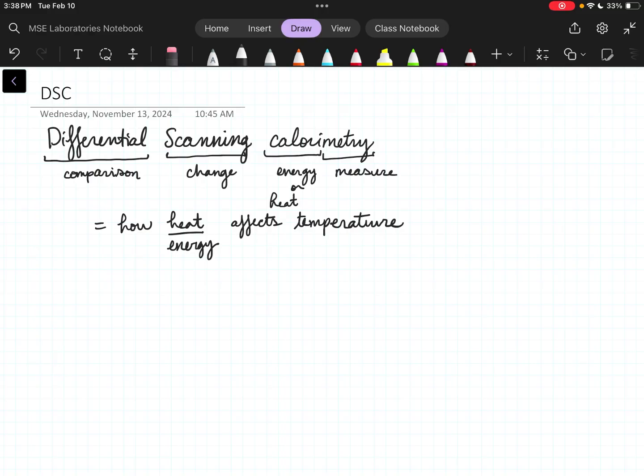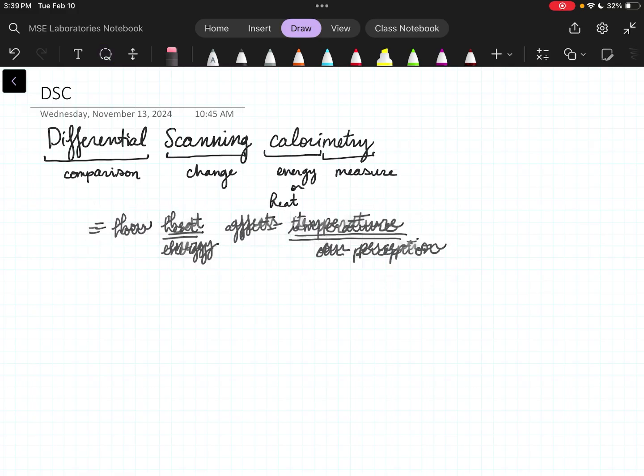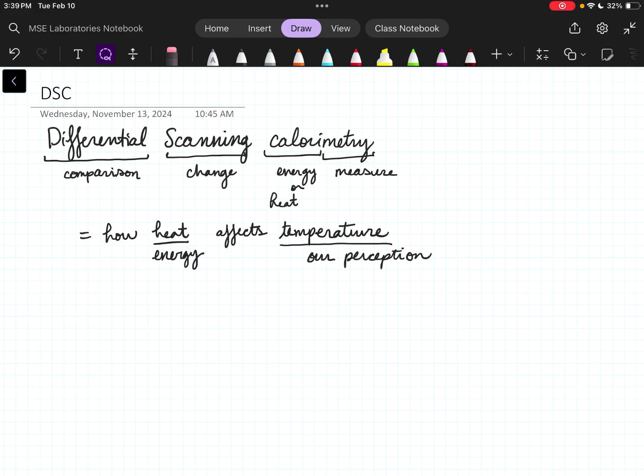We don't have separate sensors for energy versus the temperature. But typically what we are perceiving is temperature, with heat just being sort of this background. So while it feels maybe a little bit counterintuitive to ask how heat affects temperature, those are technically two separate items that both can be studied independent or in tandem with each other.